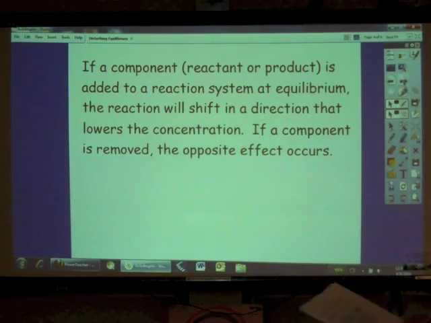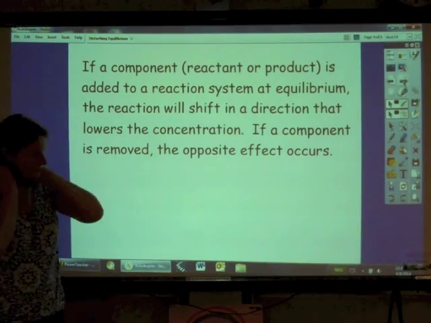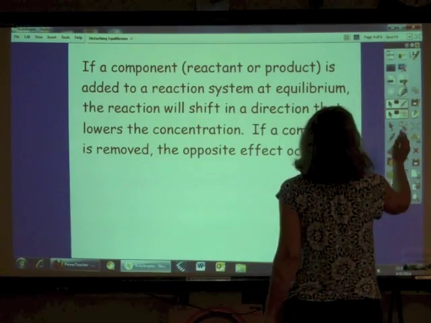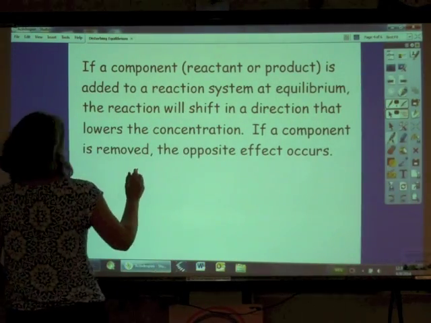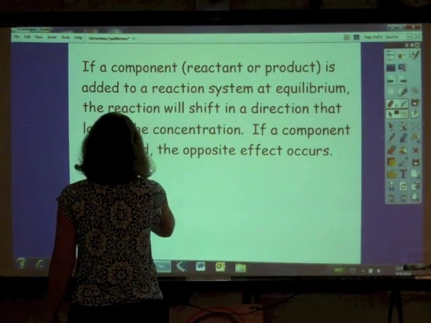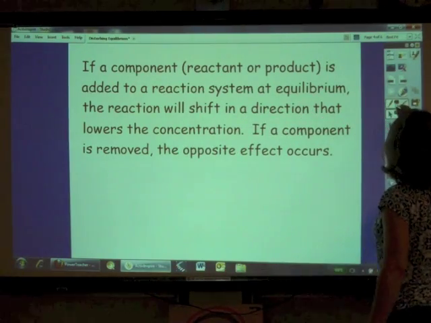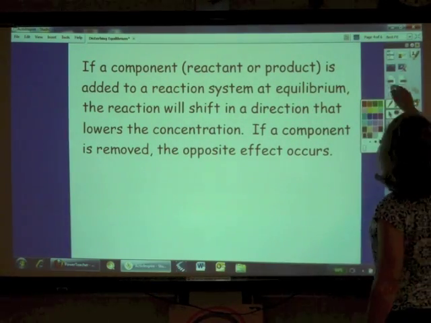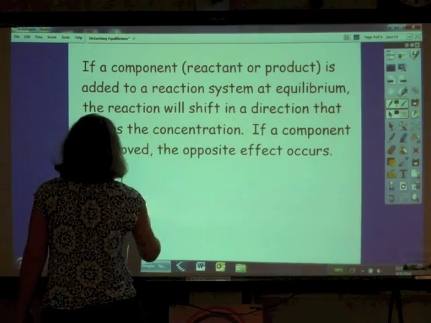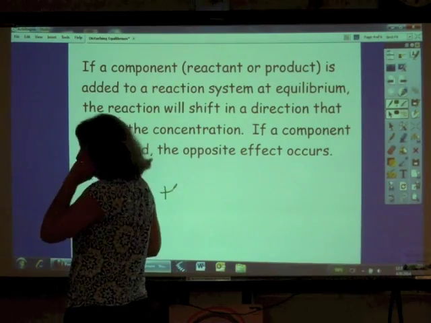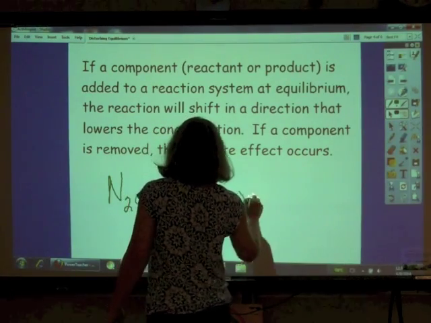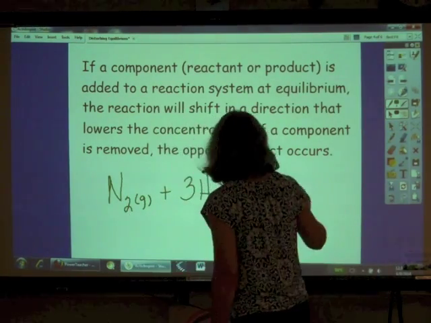All right. So let's look at the Haber process, which is N2, so nitrogen gas, plus 3 moles of hydrogen gas reacts to give us 2 moles of ammonia.